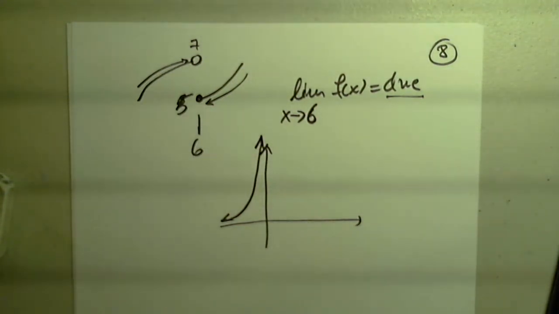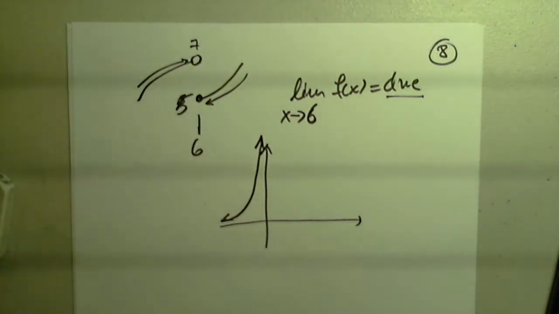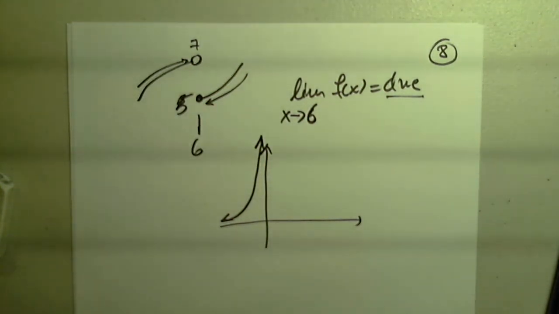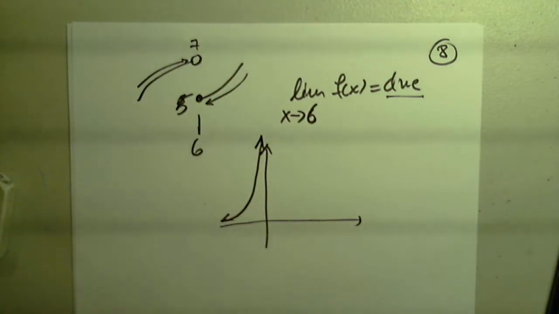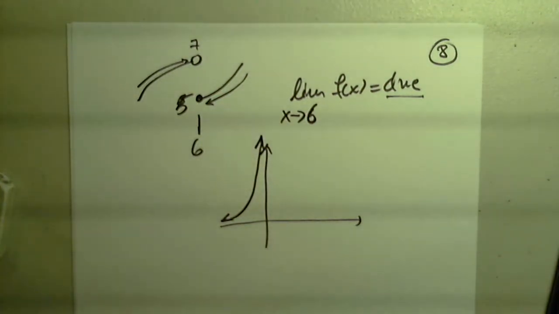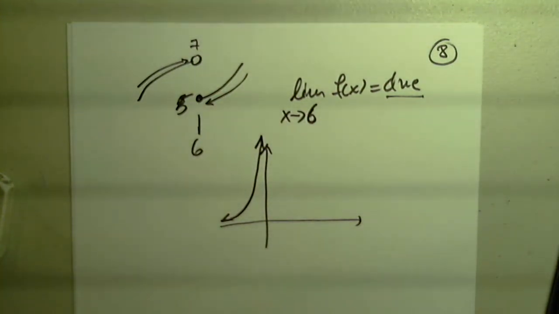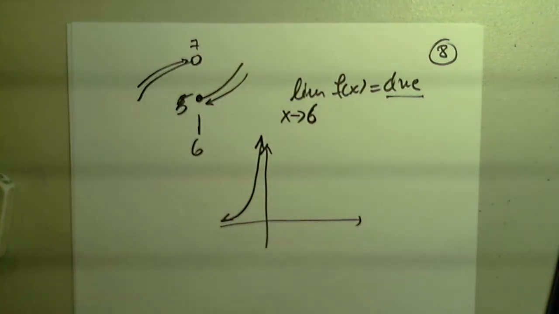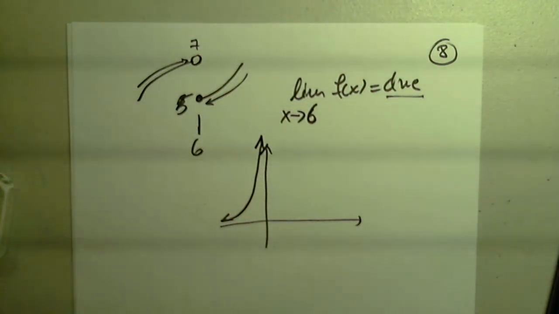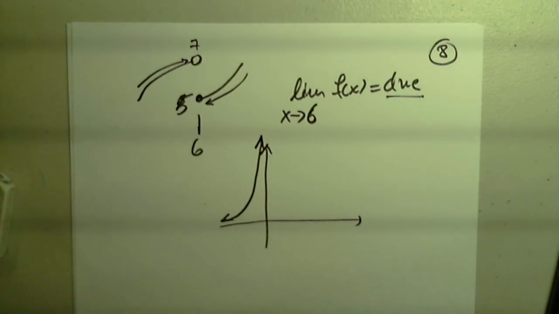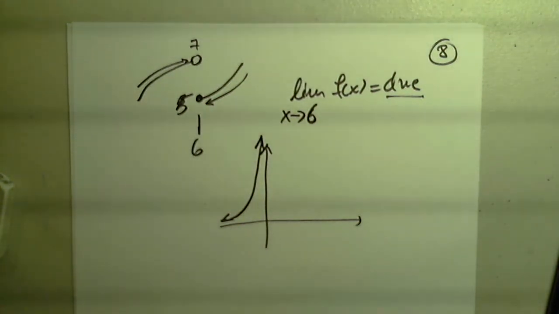Very good, awesome. From the right, the limit of the function as x approaches 2 from the right. 1.42. As x approaches 2 from the right, function values get closer and closer to 1.42.